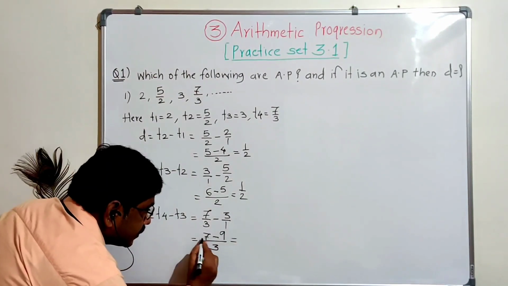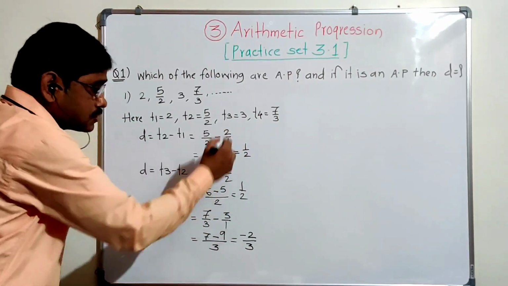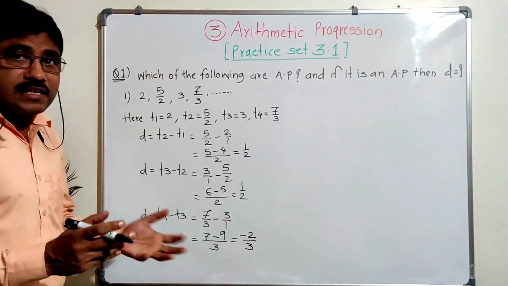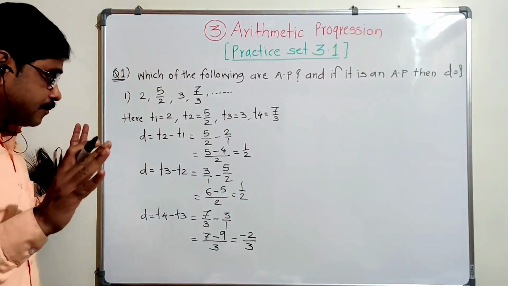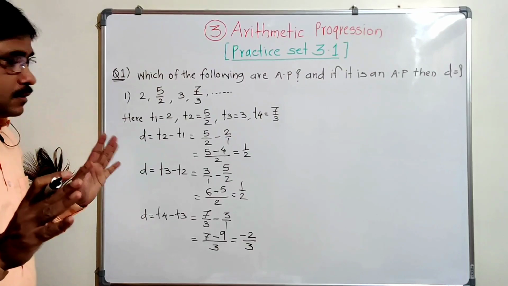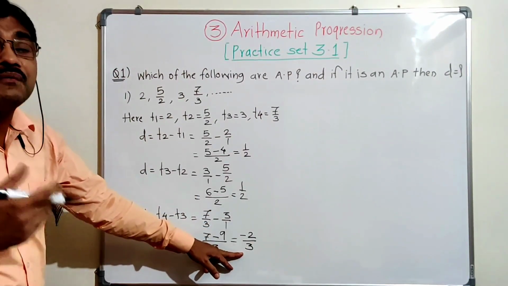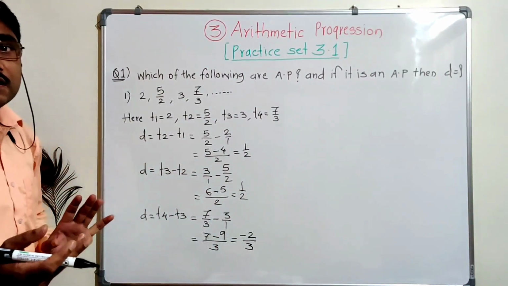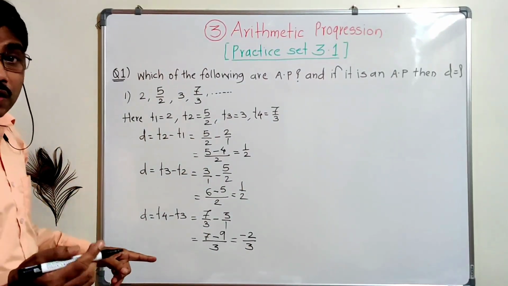So it is minus 2 by 3. Here it is not constant, but everywhere it must be constant. Don't decide that if the first term and second term difference is constant, then directly write constant. That is the wrong method. So see all the differences. Here it is the same, but here the third one is not the same. Therefore what is our conclusion? The common difference is not constant.